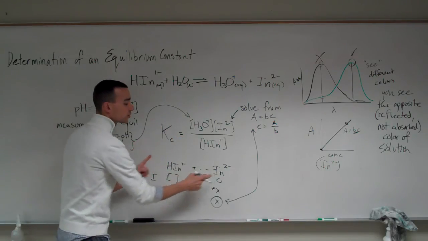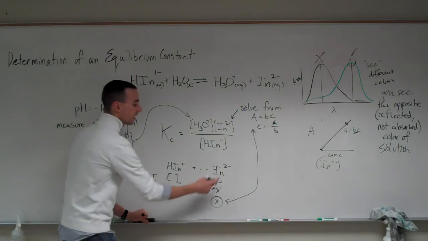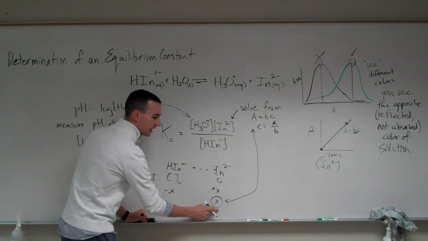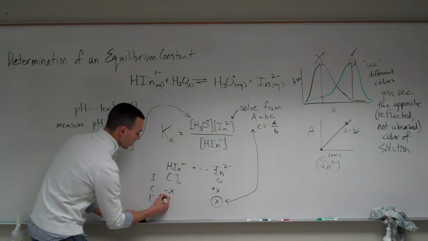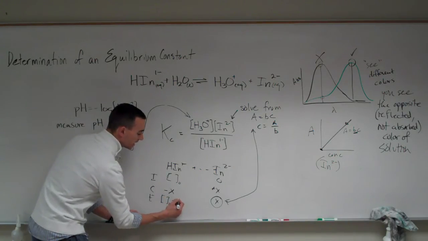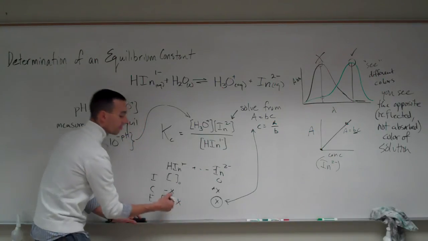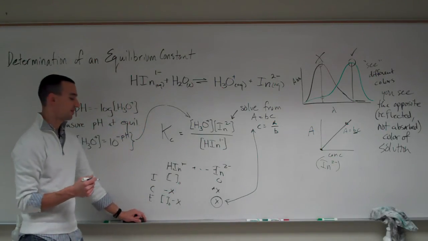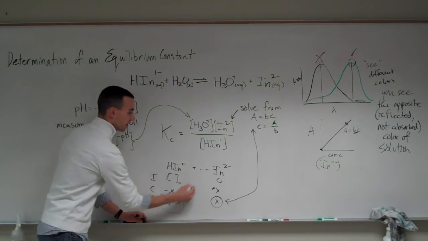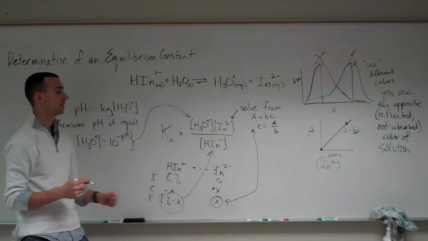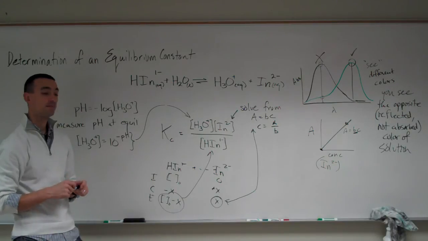But here it's a 1-to-1 relationship, so the amount of IN2- that appears equals the amount of HIN that disappears. So at equilibrium then, it'll simply be the initial amount minus that X, or minus the concentration of the IN-2. And this would be the amount that you would plug in to your equilibrium constant expression.